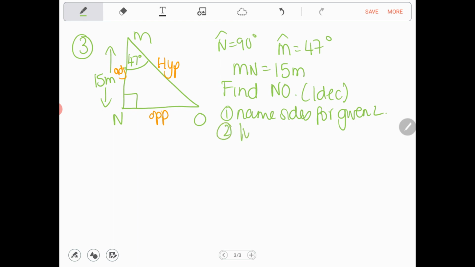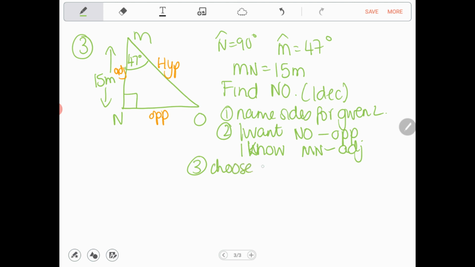What do I want? I want NO, which is the opposite. What do I know? I know MN, and MN is the adjacent.